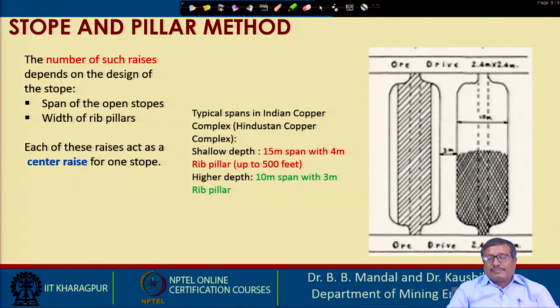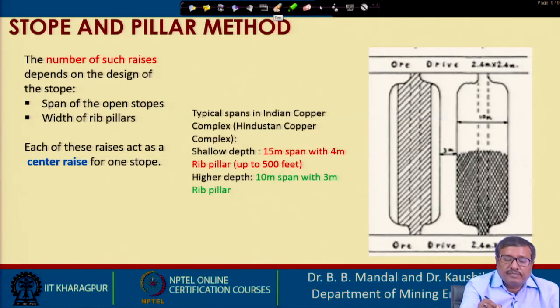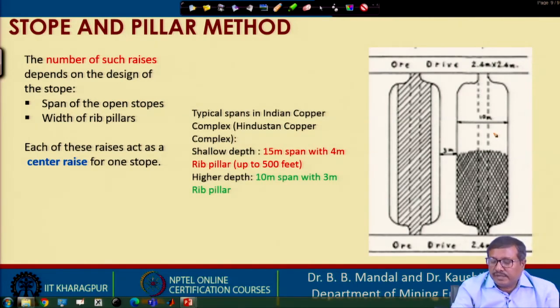The typical span in one of the companies, Indian Copper Complex, depending on the rock mechanics or geotechnical characteristics, at lower level, at shallow depth rather, is 15 meter span. That means one stope will be 15 meter wide, this part.